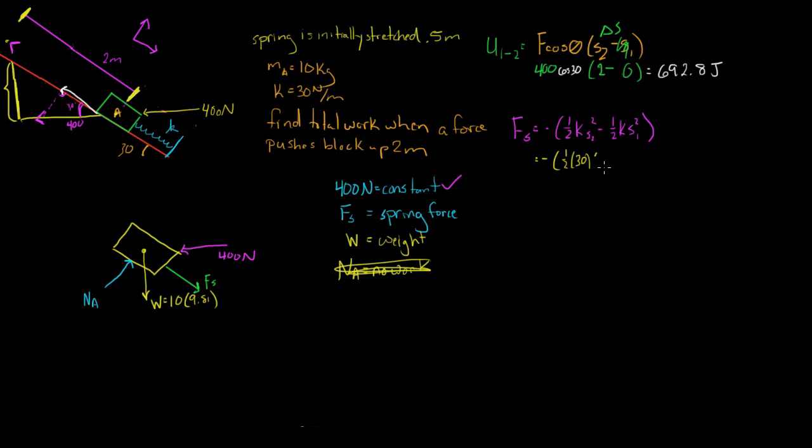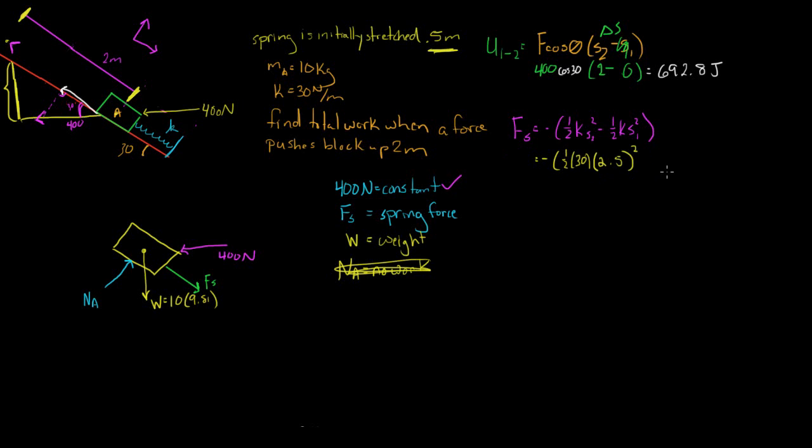If the spring is initially stretched 0.5 meters right here, then we know this spring is going to be stretched this extra 2 meters plus the initial 0.5 meters. So it's going to be a total of 2.5 meters that the spring is stretched in the final position.